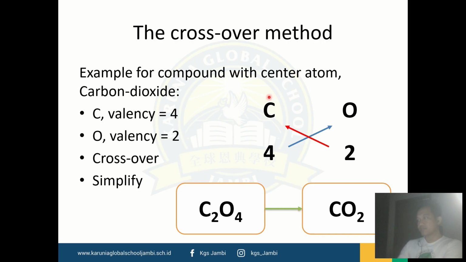If you think mathematically, for C the valency is 4. To make them equal, oxygen, whose valency is 2, needs to be doubled. So if we have 2 oxygen, that means double the valency, also 4. Then they can be equal. That's why we need 1 C and 2 oxygen.